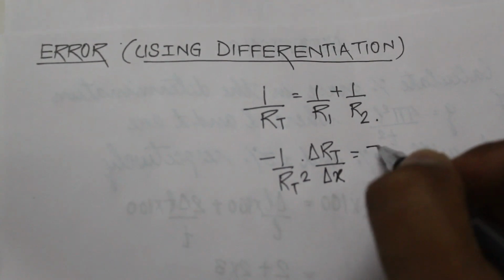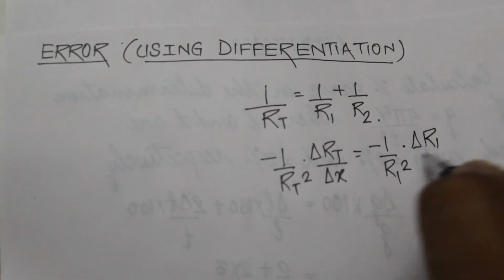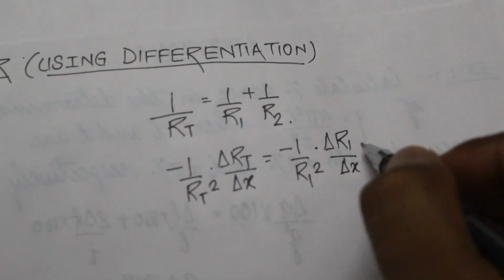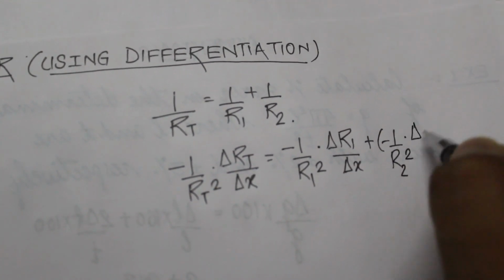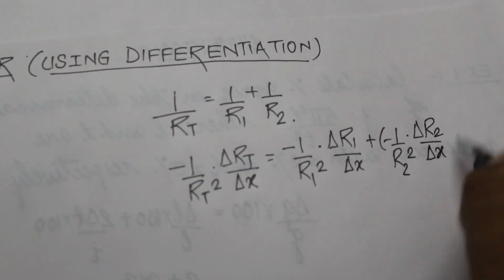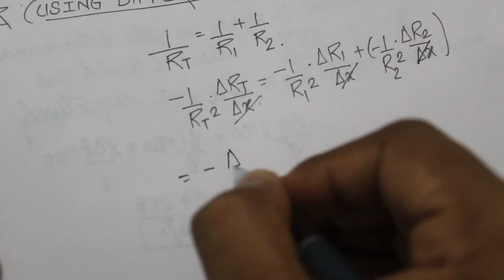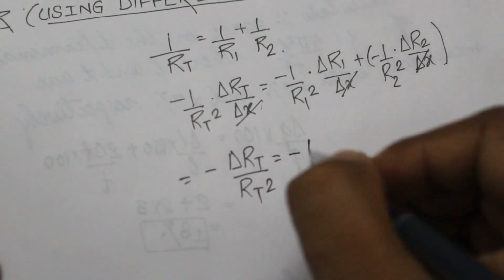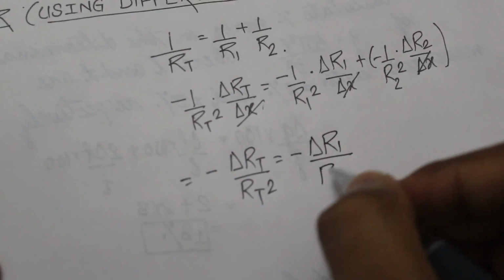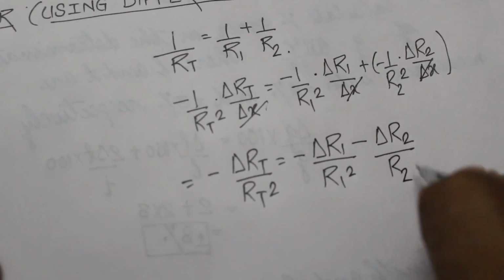Similarly for 1 by R1, I'll get minus 1 by R1 square dot delta R1 upon delta X, and for 1 by R2, minus 1 by R2 square dot delta R2 upon delta X. All I've done is simply differentiated. I take out delta X, and I'll finally get minus delta RT upon RT square is equal to minus delta R1 upon R1 square minus delta R2 upon R2 square.